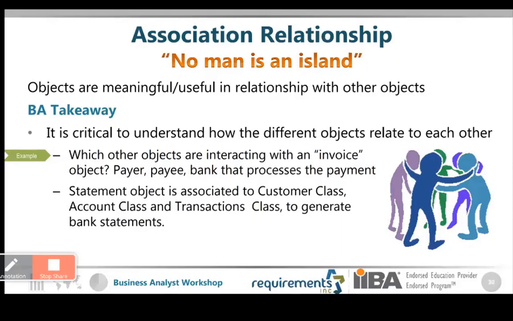The statement object is associated to customer, accounts, and transactions. If you're generating a monthly statement, where does the information have to come from? It has to come from the customer because you need the name, address, and whatnot to put on the top of the statement. You need to know the account information, and you need to know what transactions were done in that calendar month, assuming this is a monthly statement.